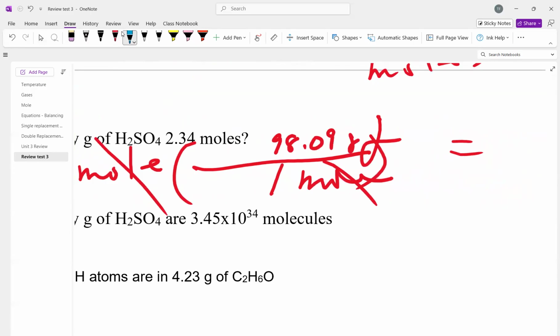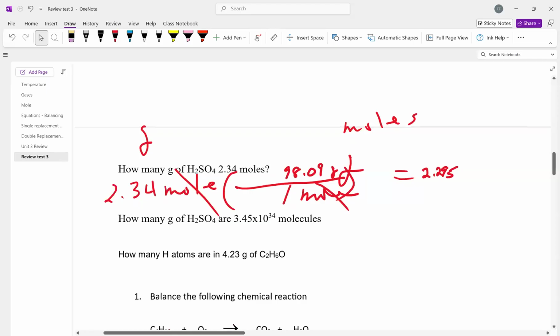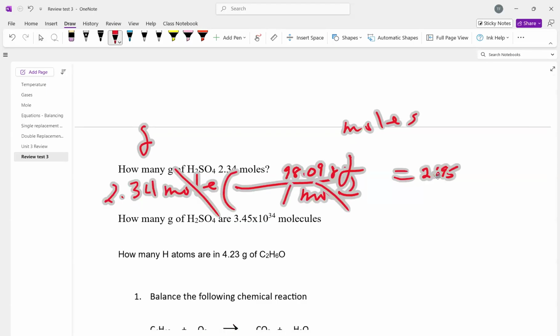What's the sig figs on our answer? How many sig figs should we have? 3. So the answer is going to be, what, 230.